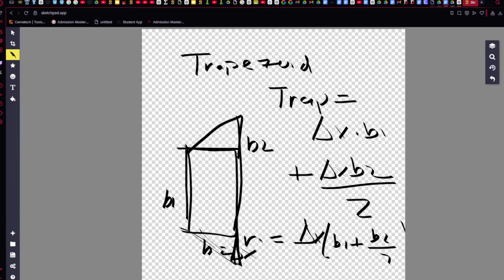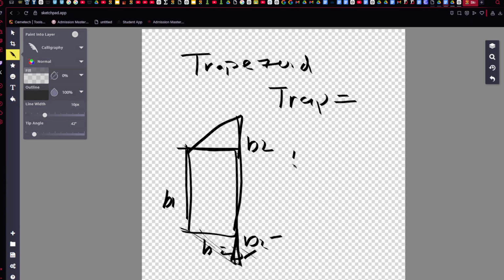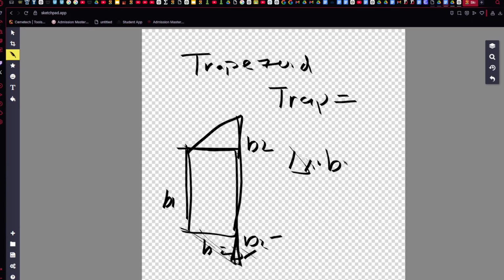So apparently this is not a trapezoid. This is just the rectangle with the triangle on top, which is actually used in physics when you have constant acceleration. So here the formula should be delta x times B1, which should give you this entire shaded region, plus delta x times B2, which should then be equal to delta x times (B1 plus B2).